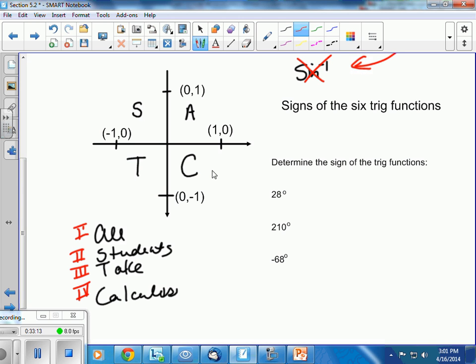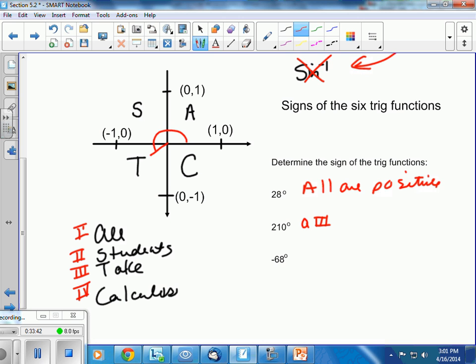So over here, when we want to determine the sign of the trig functions, for 28 degrees, all are positive. At 210 degrees, 210 degrees would end up in quadrant 3.